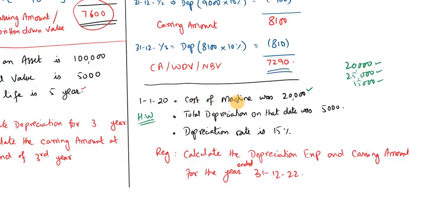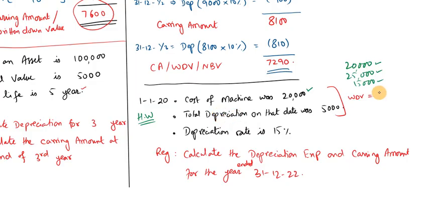We already bought an asset some years ago, at first January 20. The cost of machine was 20,000. Total depreciation on that date was 5,000. So here we can calculate the WDV. The WDV is cost minus total depreciation, also called accumulated depreciation. The concept will be discussed later.